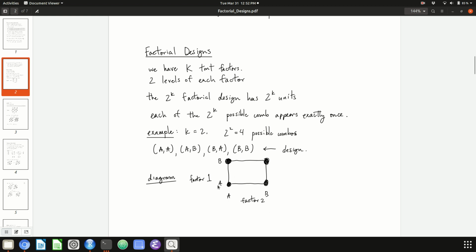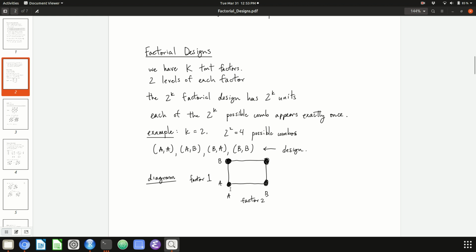So the way we draw this design is we put a circle at each of the possible combinations of factor 1 A or B and factor 2 A or B, and we fill in the circle in black if the experiment gets run at that particular combination.